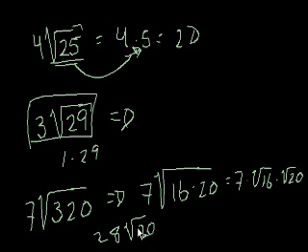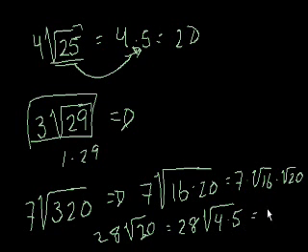Well, actually, I think I can factor 20 even more, because 20 is equal to 4 times 5. So I can say this is equal to 28 times the square root of 4 times 5. And the square root of 4 is 2, so I could just take the 2 out, and that becomes 56 times the square root of 5.